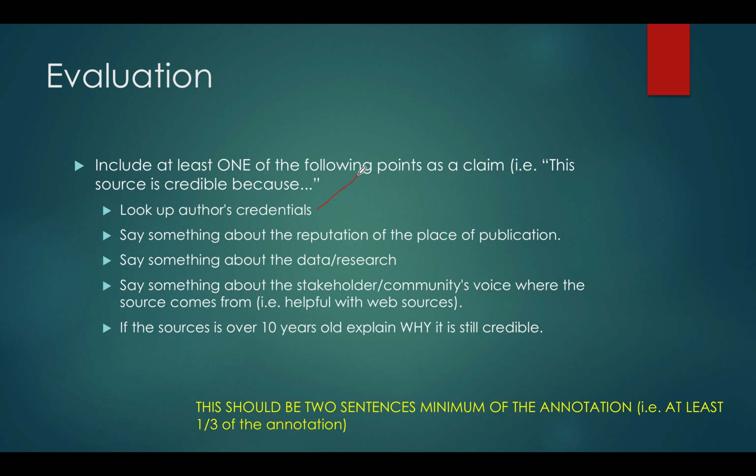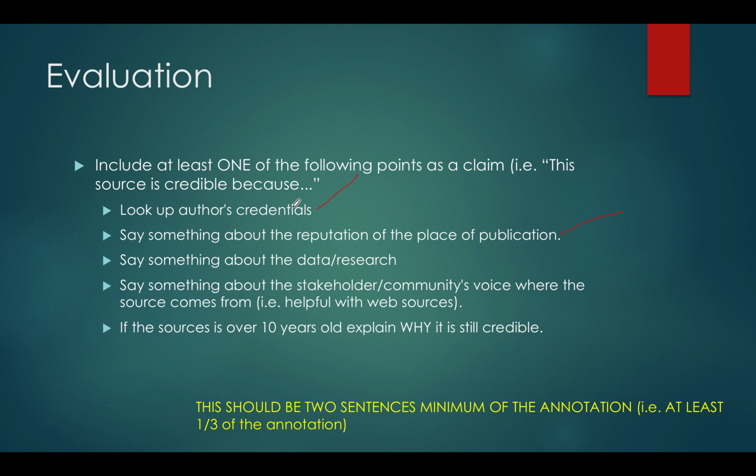You can say something about the reputation of the place of publication, because this article is published in the New York Times, which is arguably one of the most popular news outlets out there. They publish credible stuff, right? I'm not being nearly as succinct as you should. Now, just saying something about the place of publication doesn't have as much weight as looking up authors' credentials that are overwhelmingly awesome.